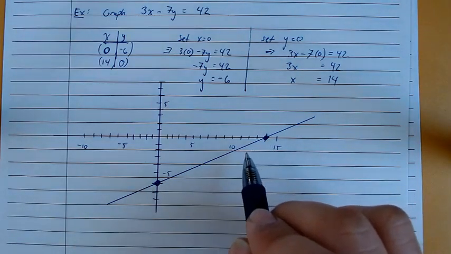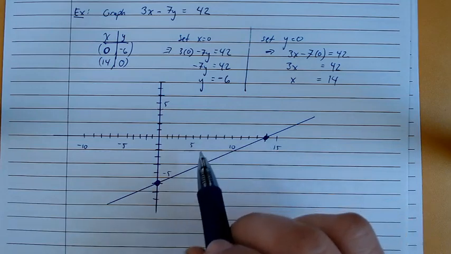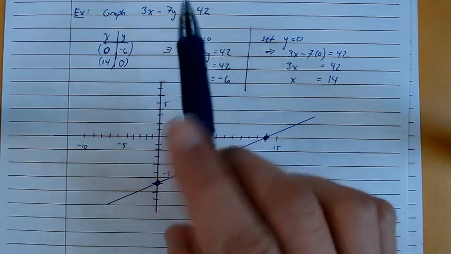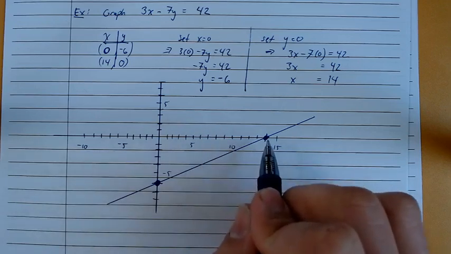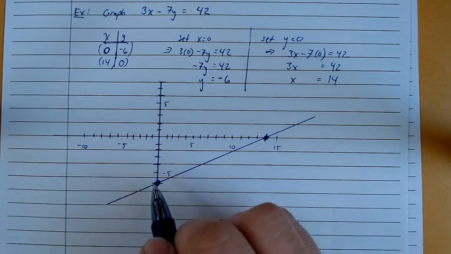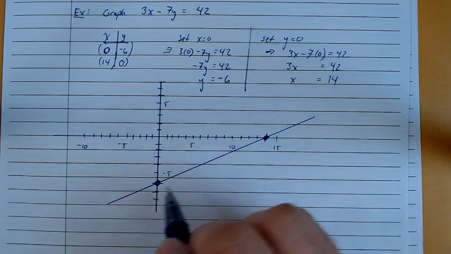But also, when we start looking at applications of math, when we start looking at linear equations and doing things with them, oftentimes what we're going to be looking for is what happens when your graph crosses either the x-axis or the y-axis.